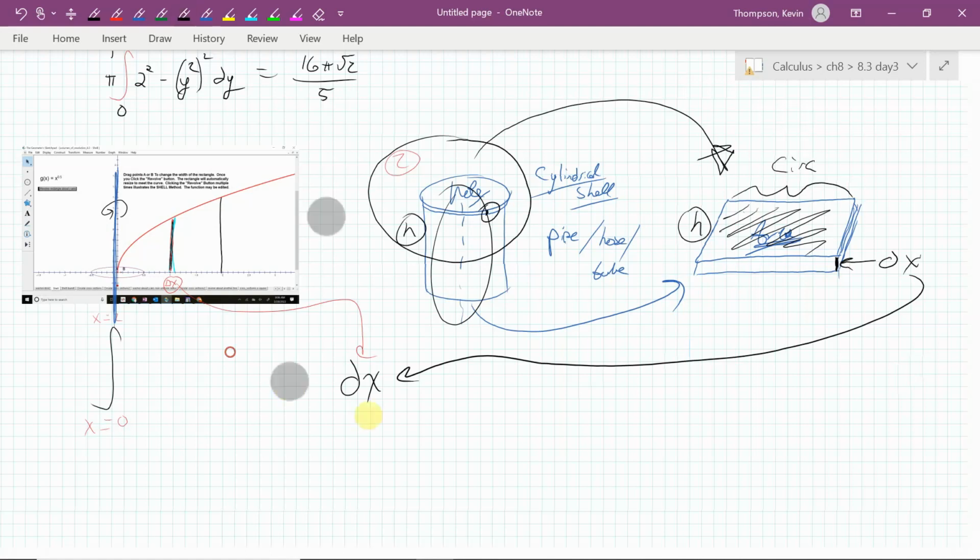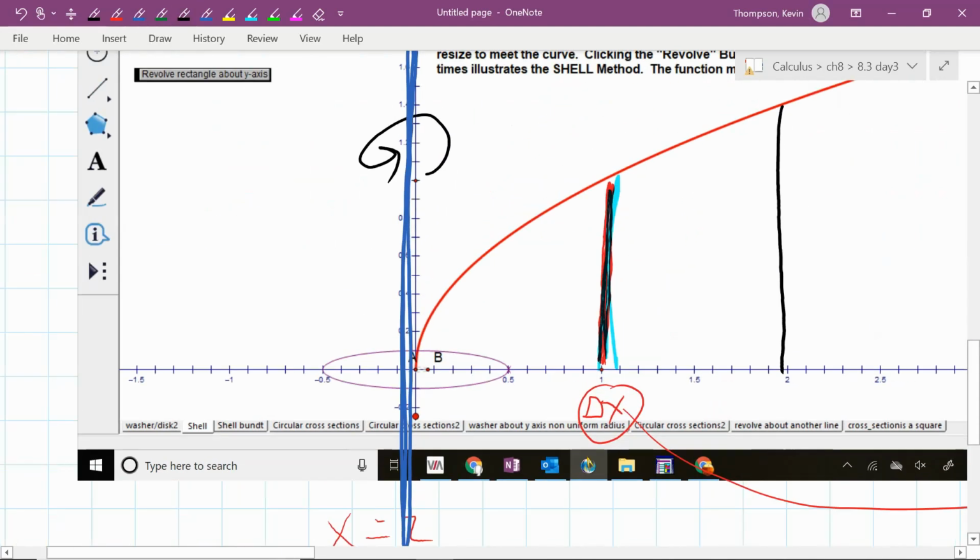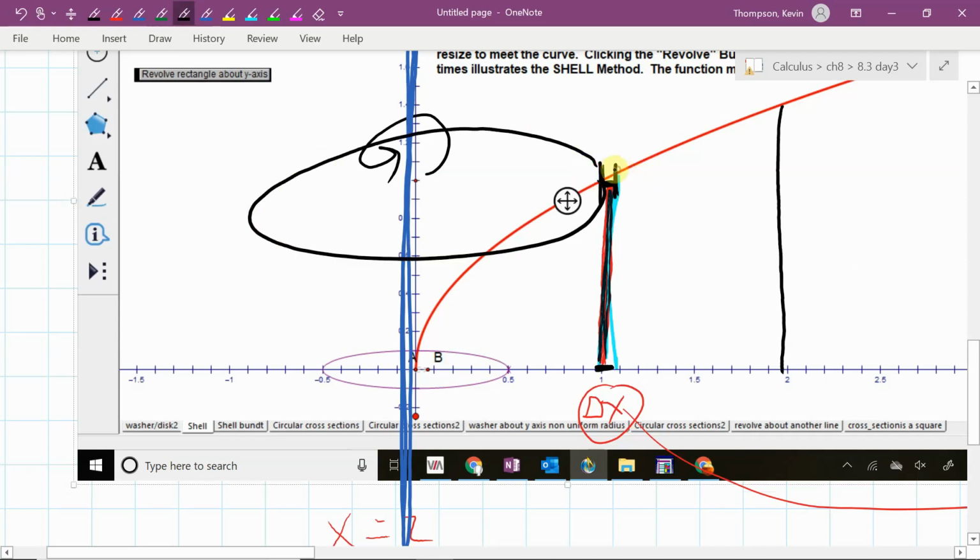Think about, if I zoom in here, this thickness here, there's actually still 2 radii, right? When you think about the washer method, there was an inner radius and outer radius. So the inner radius would be right here. The outer radius would be on the other side of that rectangle, which is why we're getting something with a really thin wall to it.